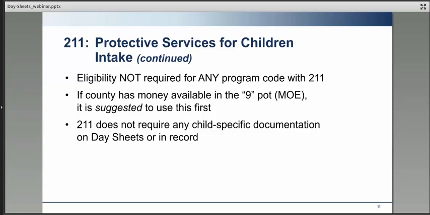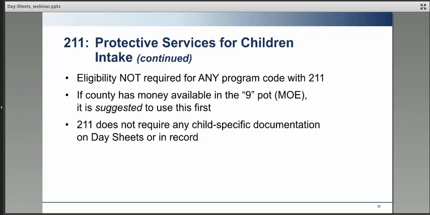We're not going to go into those in too much detail now, but it's enough to understand that we have to spend all of the allocation in our 9 pot. Therefore, we want to make sure that wherever possible, we're using it.